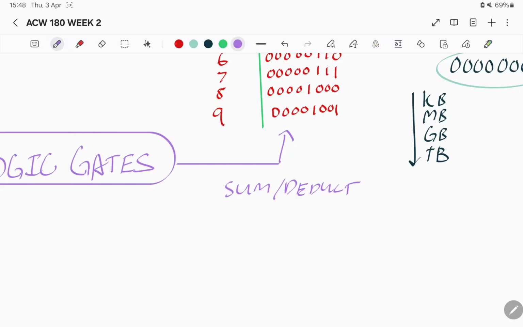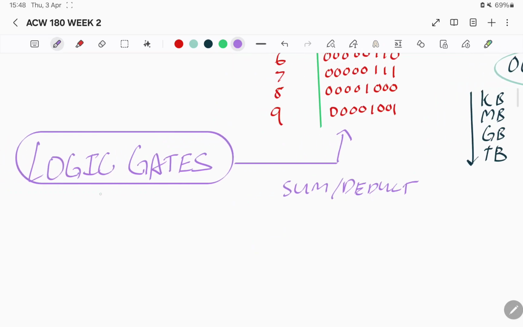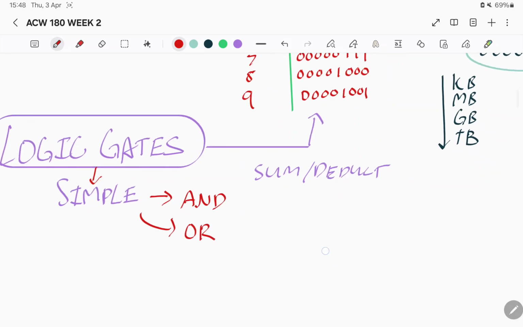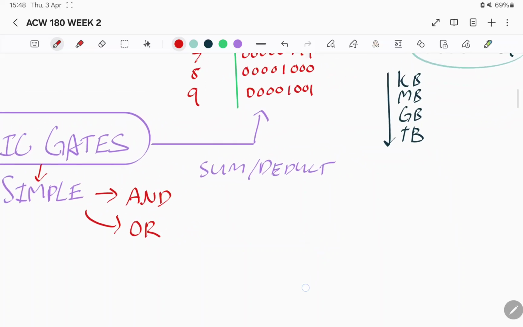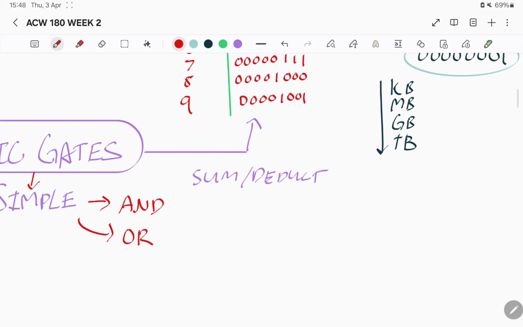There are simple logic gates like the AND, OR. Most of you should know this one. If you got two inputs, you got the truth table. These are all inside the notes that I will share later, but I'm just going through with you.